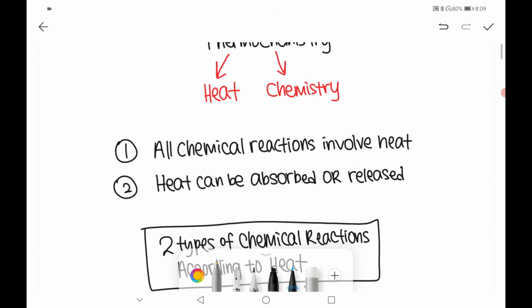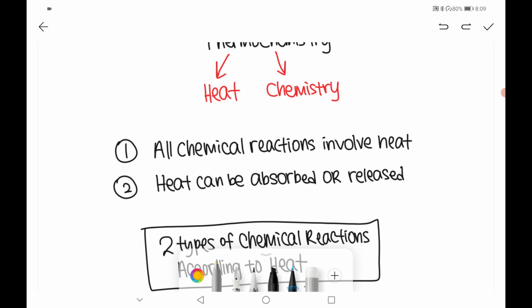You need to understand that all chemical reactions involve heat. Heat can be absorbed or it can be released. So what do I mean? All chemical reactions must absorb heat or must release heat.